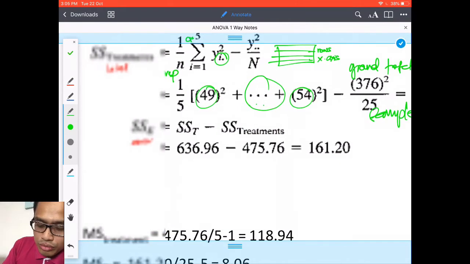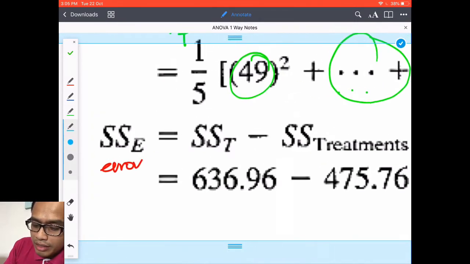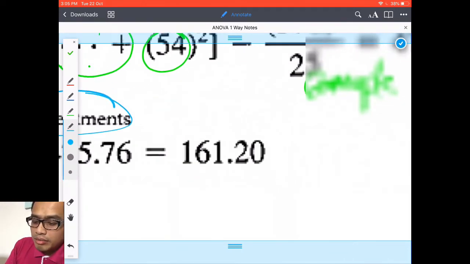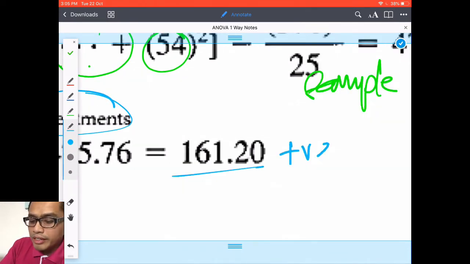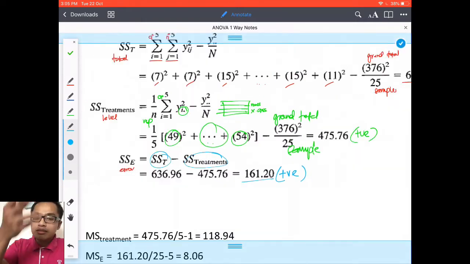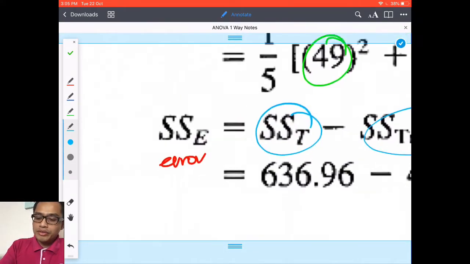Right, let's go to light blue color for error. If you have managed to calculate perfectly SST or total and SS level or treatment, you also have a positive value for error, SSE. What is SS? Excellent question. I heard somebody ask at the back of the video there.